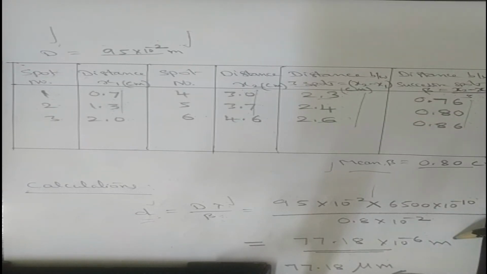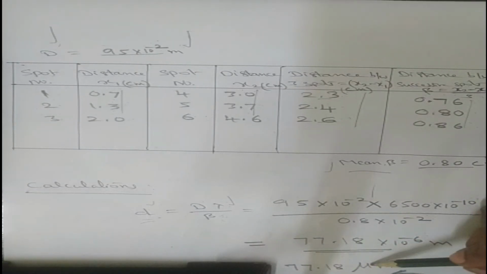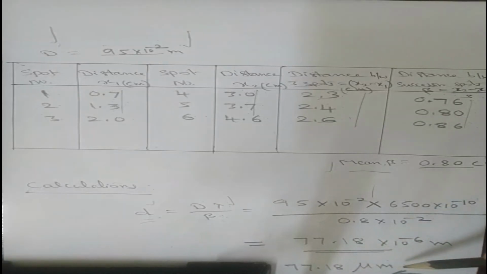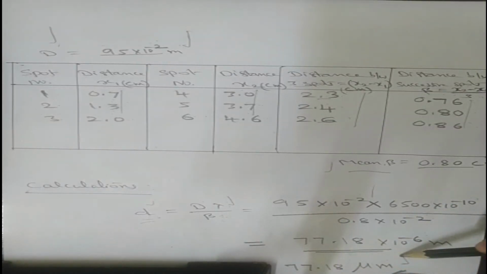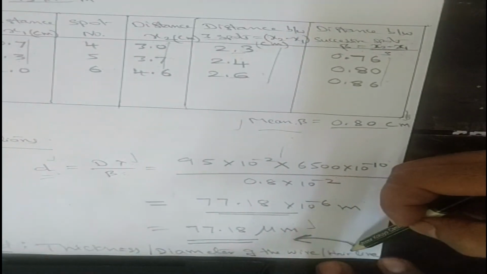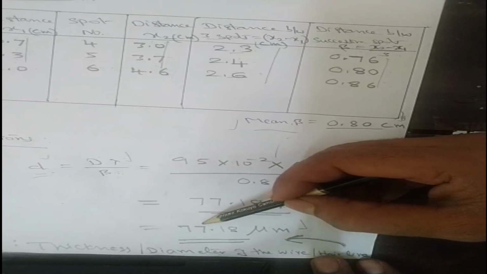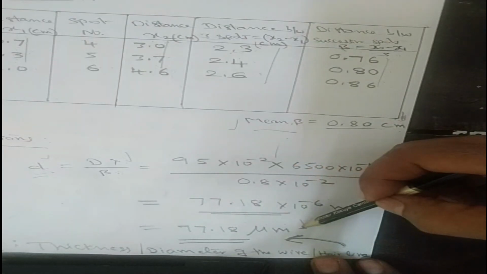So that means you can write the value in the micrometer order, correct? 77.18 into 10 to the power minus 6 means micro, correct? 77.18 micrometer. So now you can write the final result like this. Result: thickness or diameter of the wire or even hairline is found to be 77.18 micrometer.